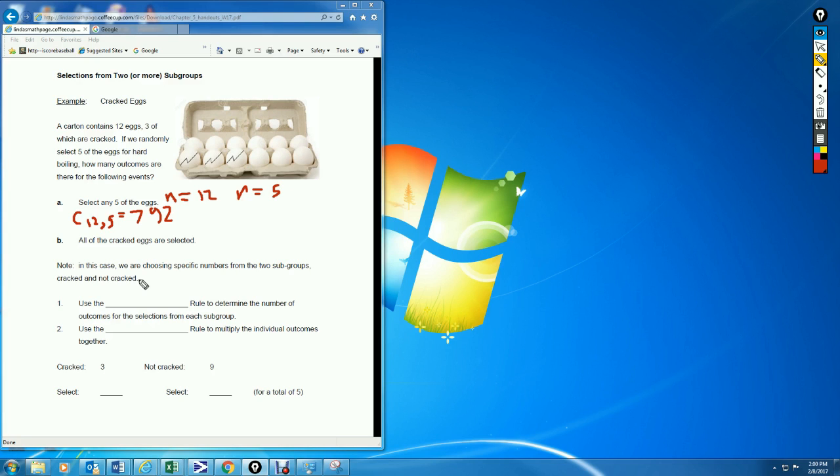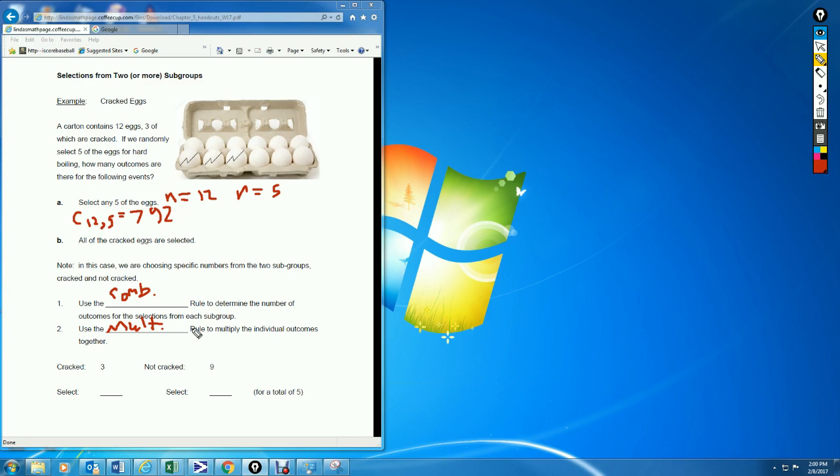So we are going to use the combinations rule to determine how many outcomes from each subgroup, and then we are going to use the multiplication rule to multiply the outcomes together.